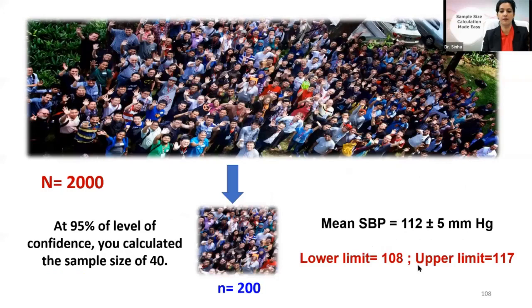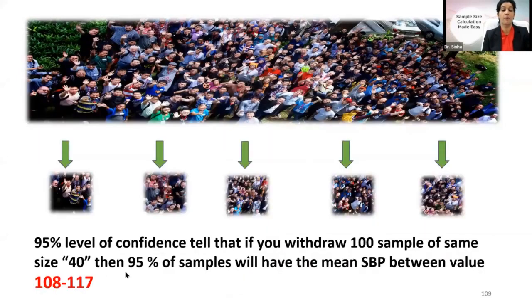So what do I mean by confidence level? That I am 95% confident that the population proportion or the population mean, in this case I'm using the mean, the mean systolic blood pressure will lie between 108 to 117. So this was the concept of confidence level.